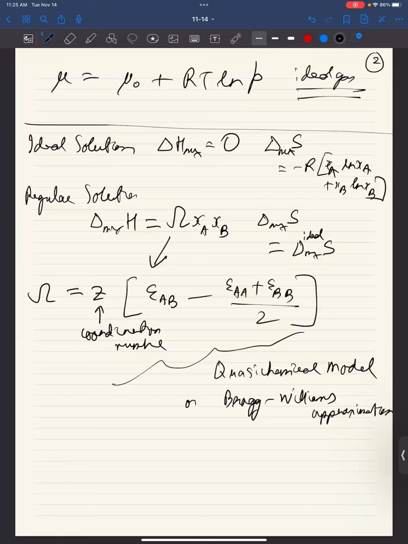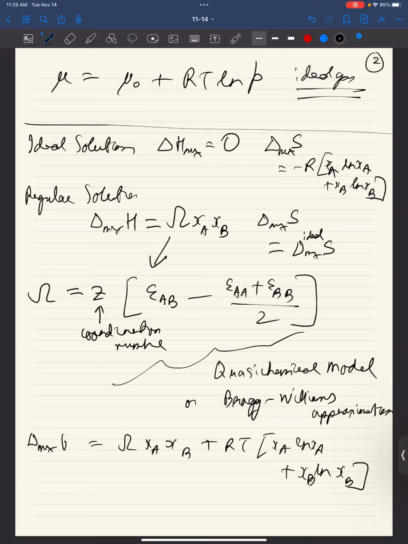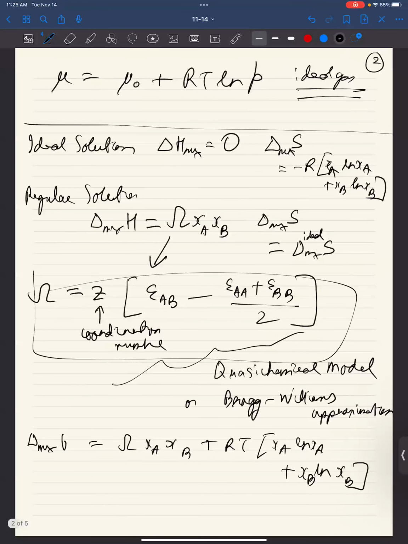And in total, then our delta mixing G is omega XA XB plus RT times XA ln XA plus XB ln XB. So let's try to understand this omega. Or the quasi-chemical model.